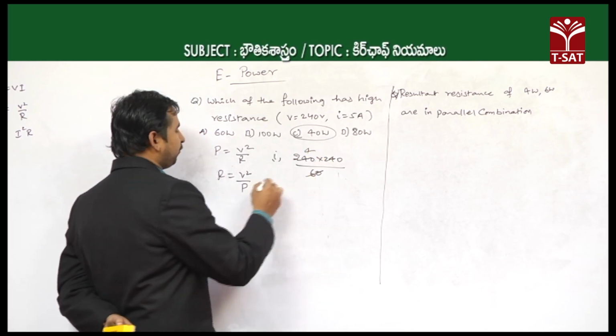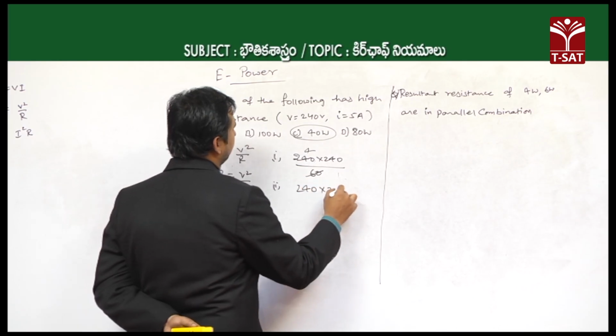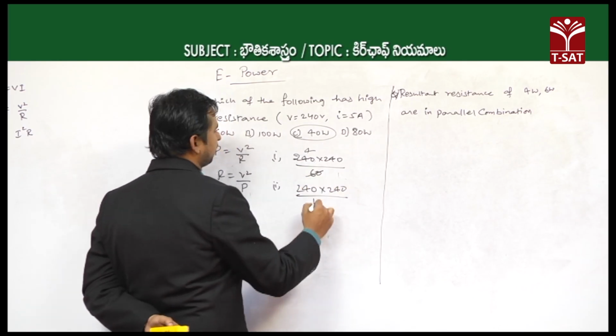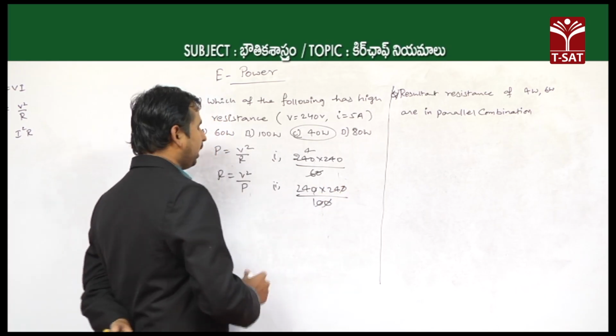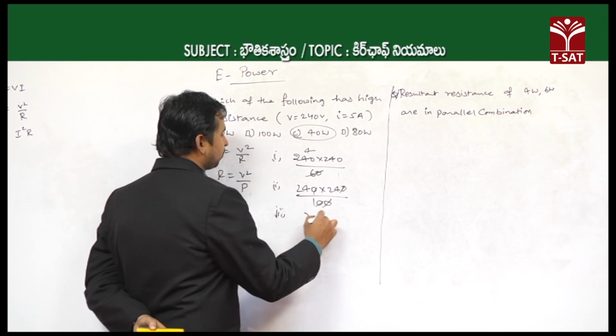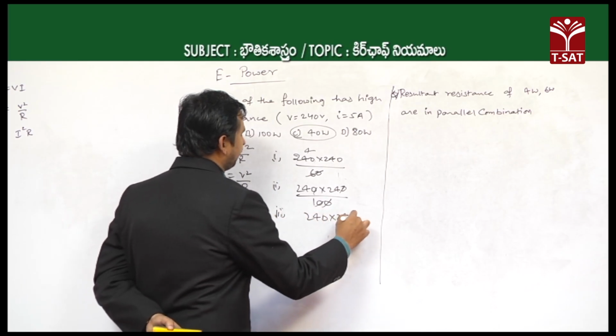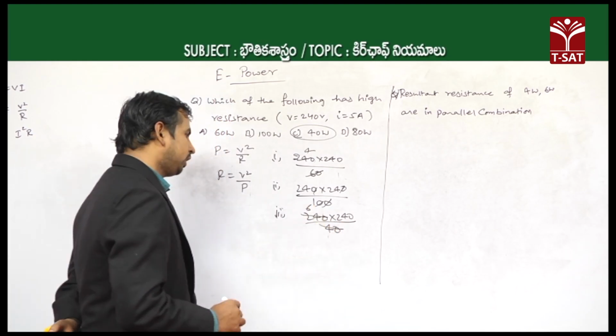For the second one, 240 into 240 by 100, which is 24 square. For the third case, which is our answer, 240 into 240 by 40, which is 6 into 240.